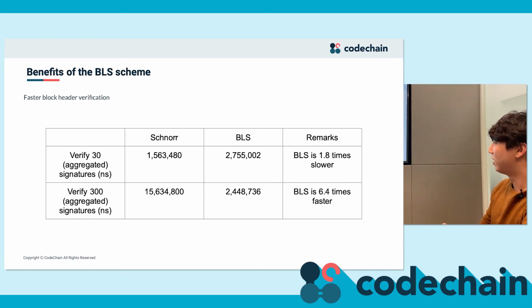But when the number of validators grew to 300, BLS became 6.4 times faster. Note that the verification time consumed by BLS even reduced, but this is just due to some precision problem, and because the time consumed by BLS is almost the same.